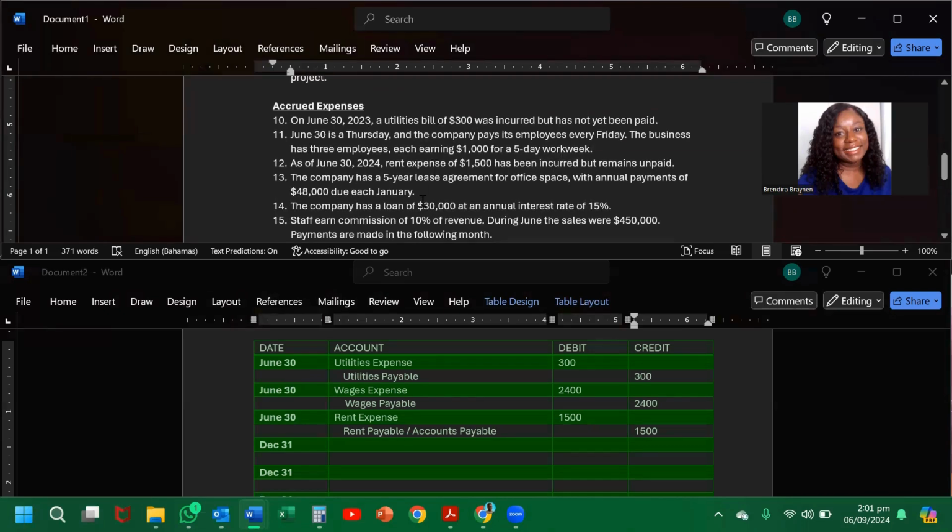This is going to be a deferred expense because they're referring to the fact that in January, they would have paid $48,000, but that $48,000 is an annual payment. So it's for more than 1 month. It's for 12 months. And so if they would have paid this in advance, this would be considered a prepayment. And so we would have posted this to prepaid rent.